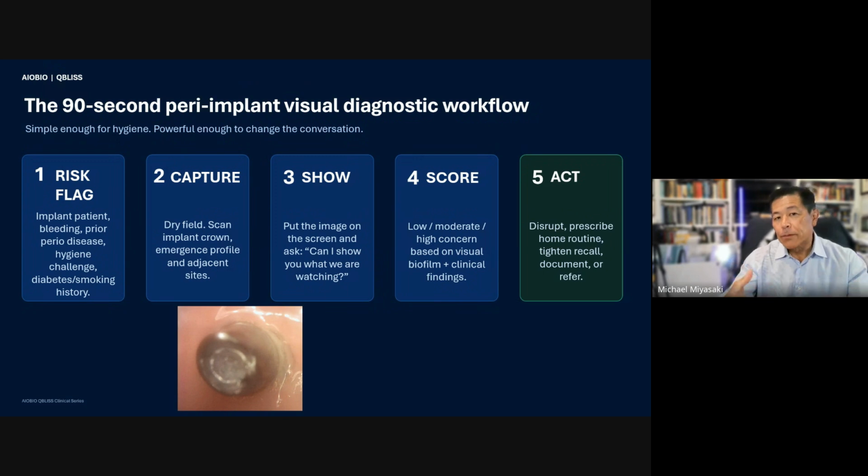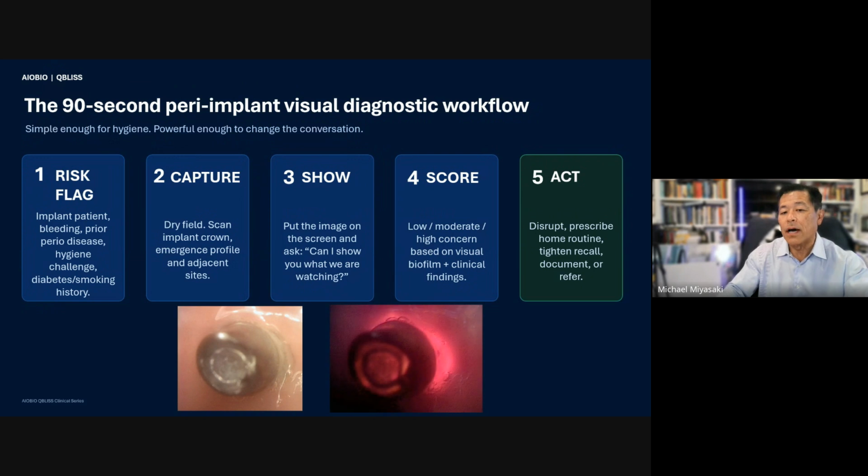Well, if we disrupt the biofilm, what's going to prevent it from growing back within a week, a month? So what kind of home routine are we going to give them? Are we going to shorten the time between their recare appointments? What kind of documentation are we going to have so we can show our patients if they're progressing in a positive direction or perhaps not?